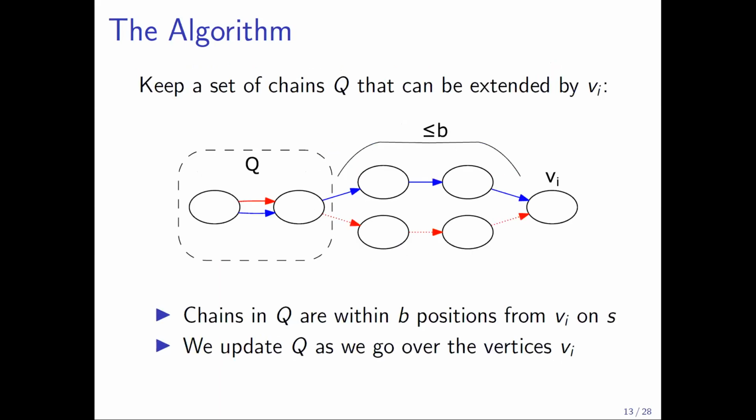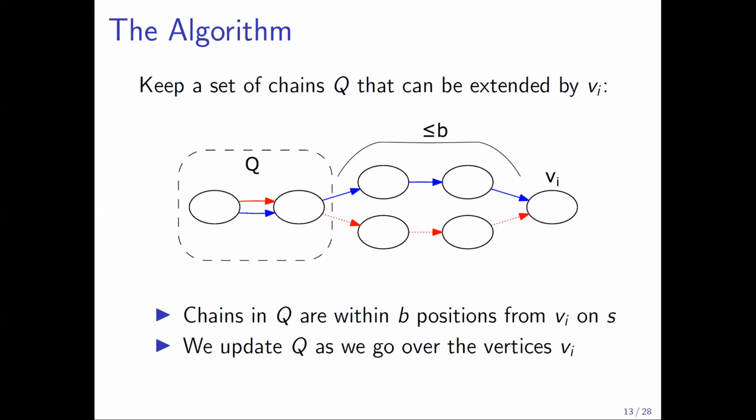During the course of the algorithm, we keep a set of chains Q that can be extended by the current k-mer v_i. We keep only relevant chains in Q, in other words, only chains within b positions from v_i on S, and we update Q as we go over the vertices v_i.